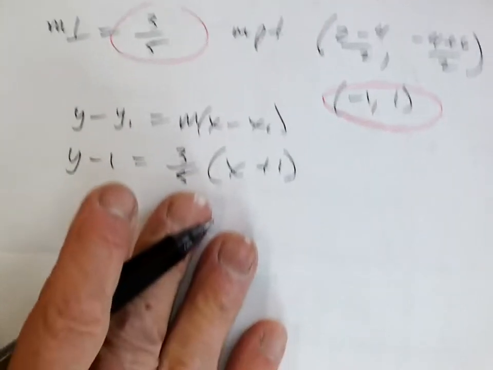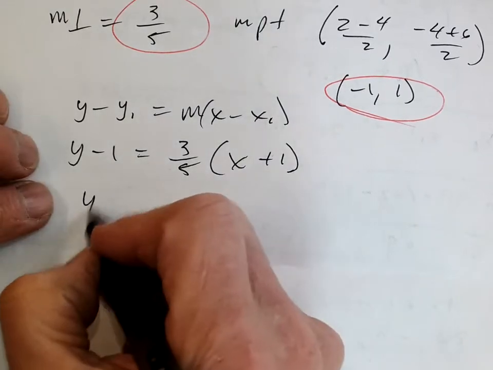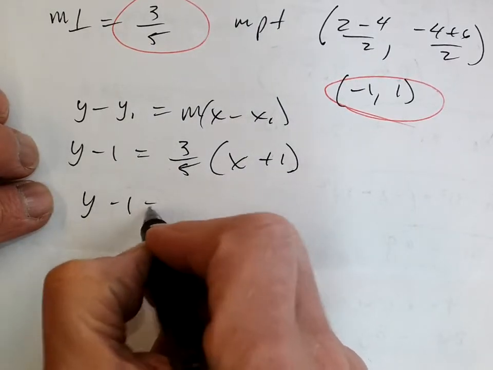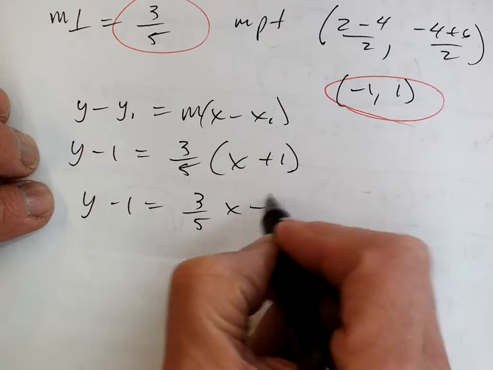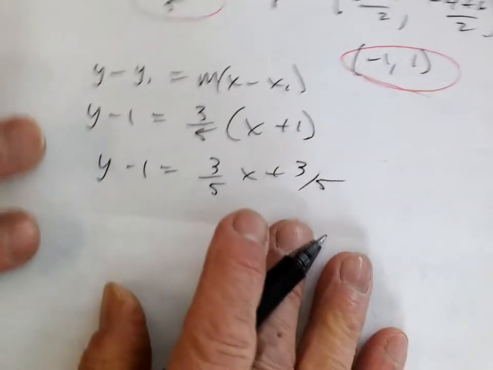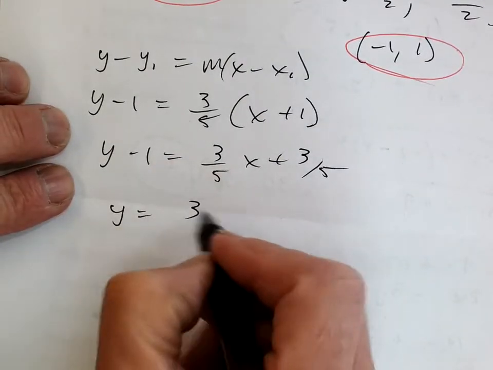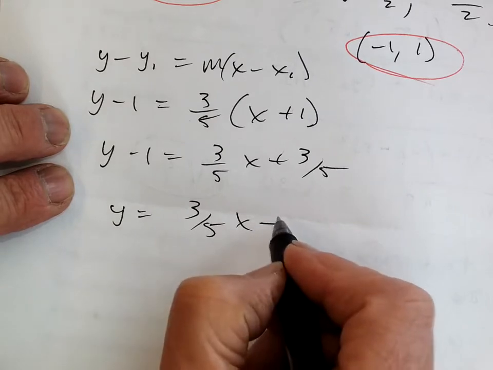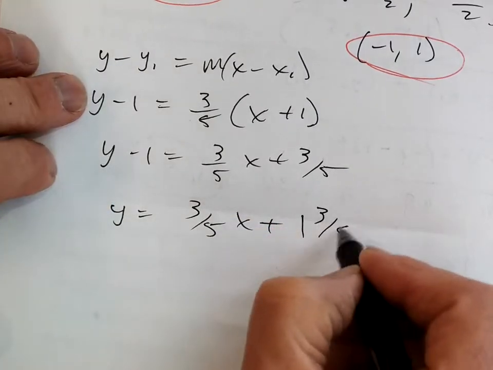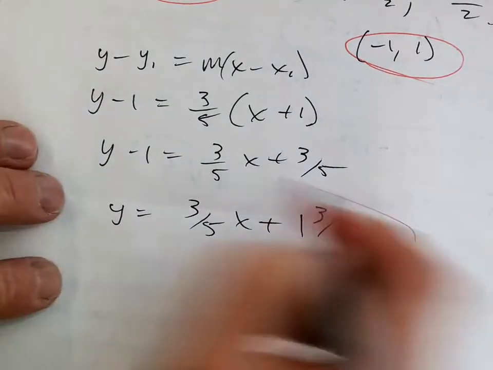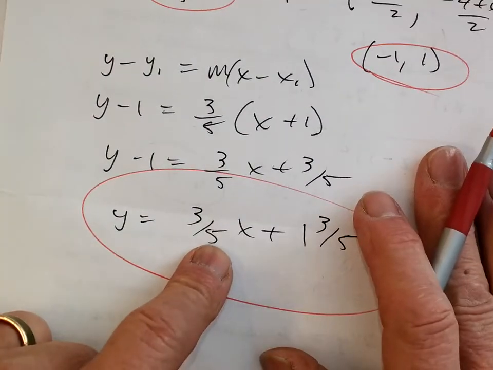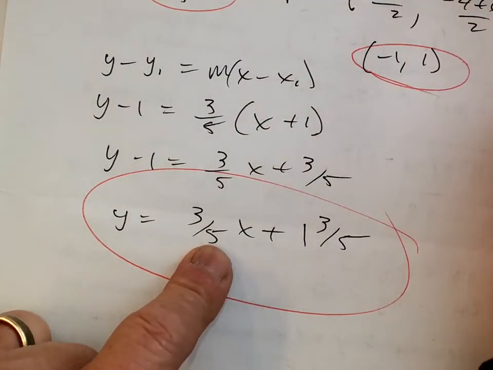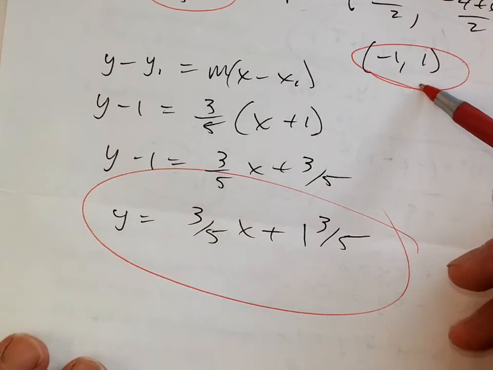Kind of going fast, but this is a review. y minus 1 equals 3/5 x plus 3/5. I add 1, I'll get y equals 3/5 x plus 1 and 3/5. That is a perpendicular line to the original line, opposite slope, and it goes through the midpoint. There you go. That was a little bit harder.